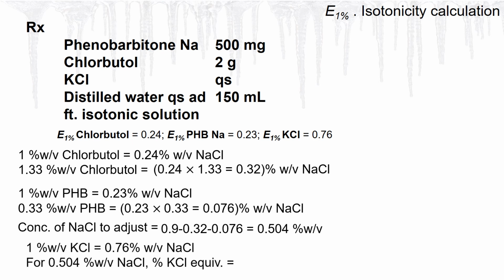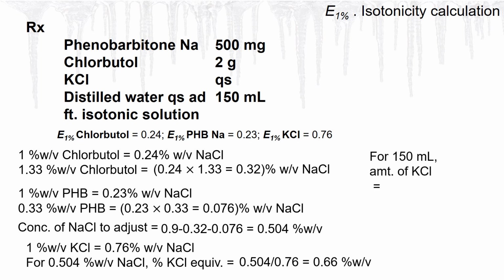Again, from E 1%, we know 1% of potassium chloride is equivalent to 0.76% of sodium chloride. So for 0.5% of sodium chloride, its equivalent in potassium chloride is 0.66%. For 150 ml, the amount of potassium chloride needed is 0.99 gram, or roughly about 1 gram.